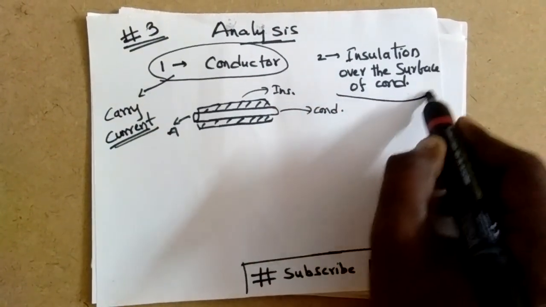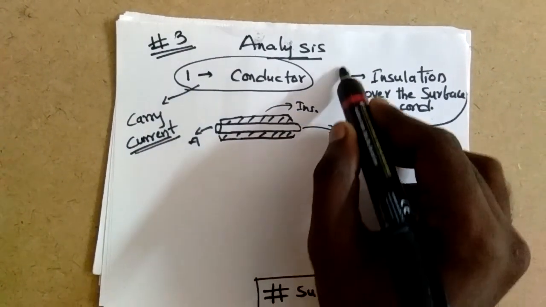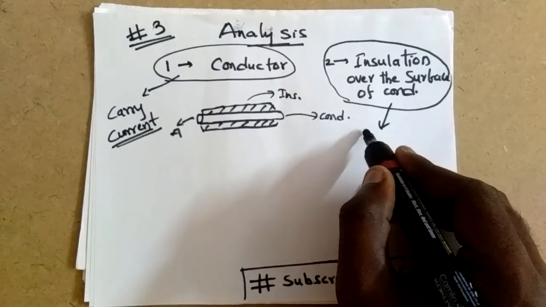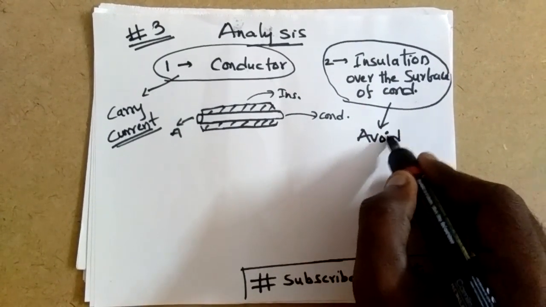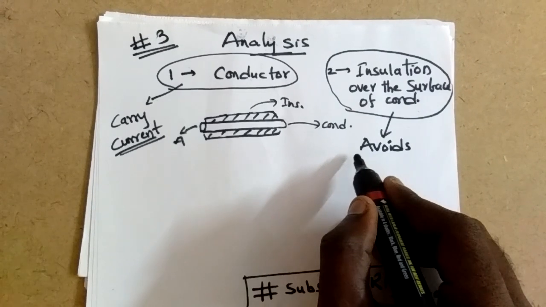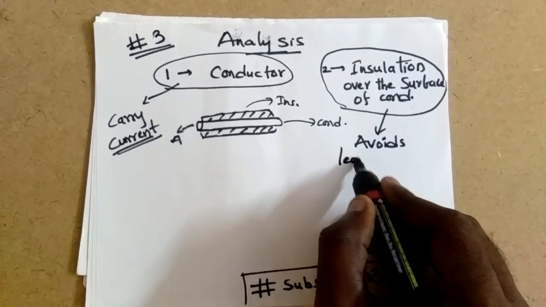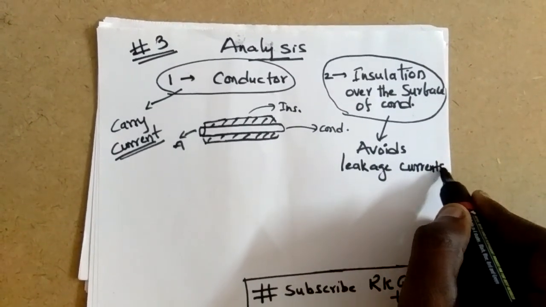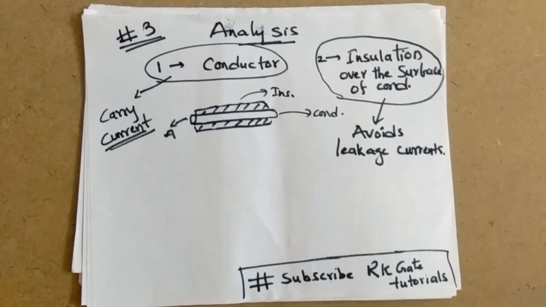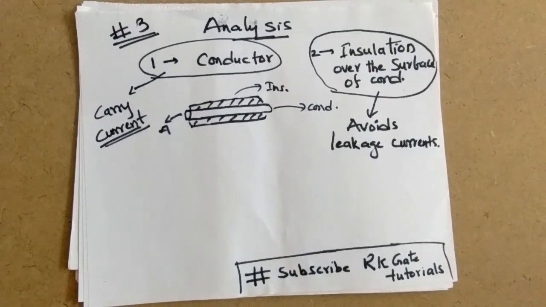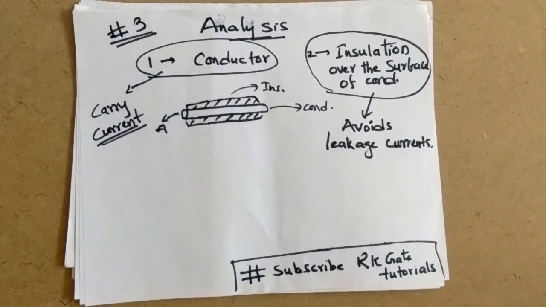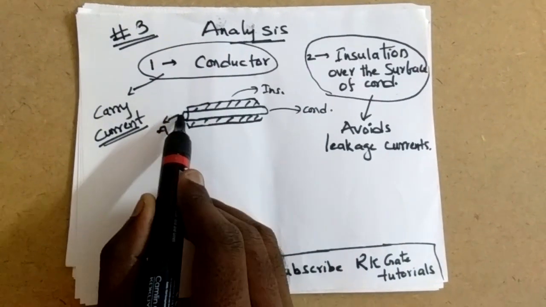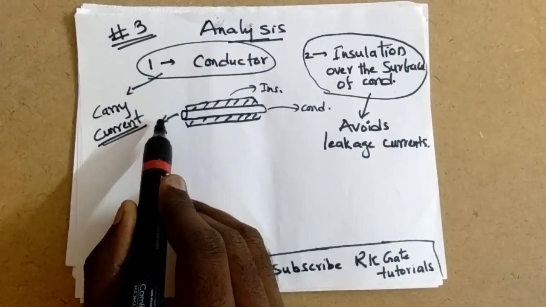Now, what is the purpose of this insulation? The insulation avoids leakage currents. So basically, this is the area of cross section. This we have discussed.